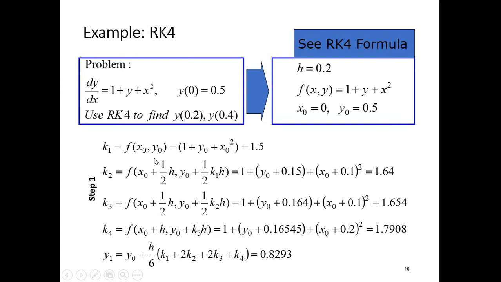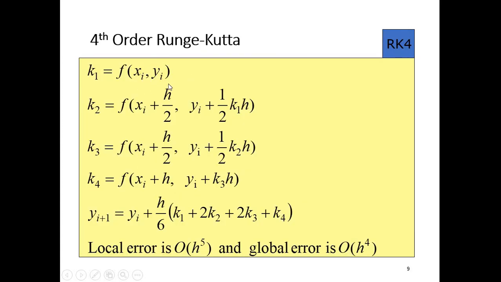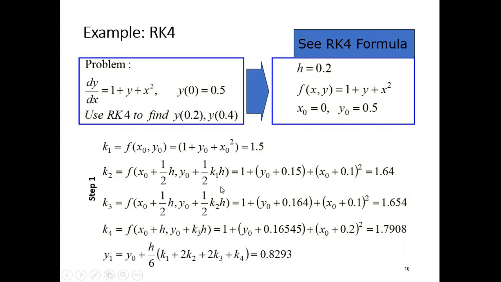So using the first formula, you can get your k1. Your k1 is f of x naught, y naught, which is equal to 1 plus y naught plus x naught squared. Substituting these values into that equation, you get 1.5.